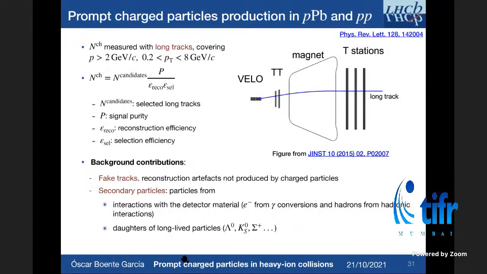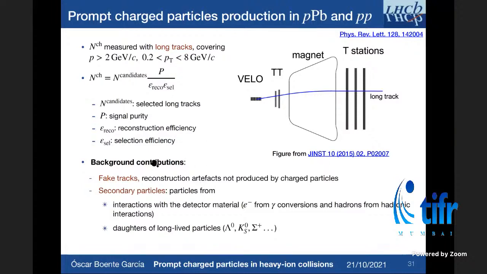So how does this go? Basically, the charged particles are measured with long tracks, which you have drawn here in this sketch over the LHCb tracking detectors. However, we are always going to miss some long tracks due to reconstruction and selection efficiency, and we have to correct for that. And also we are going to have some background tracks, which we also have to correct for.